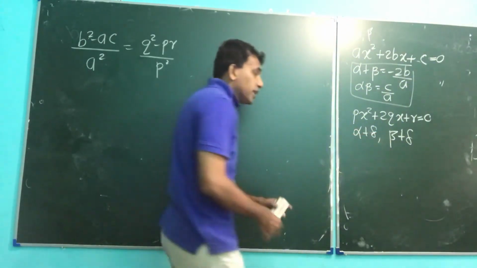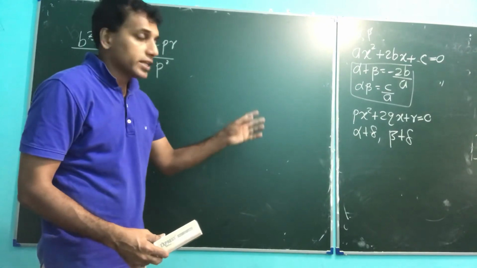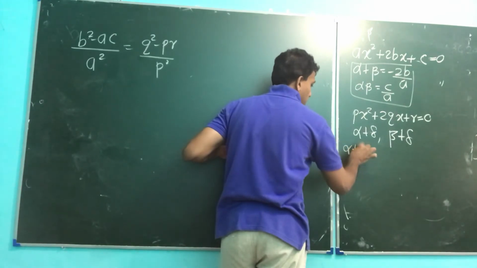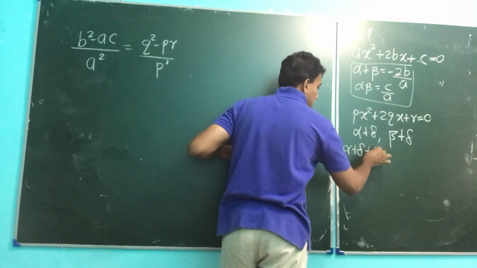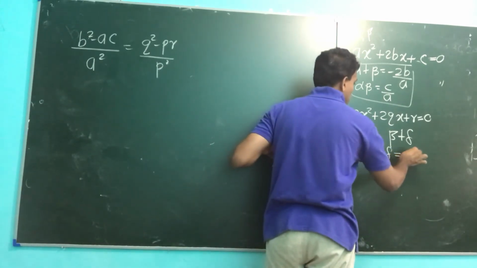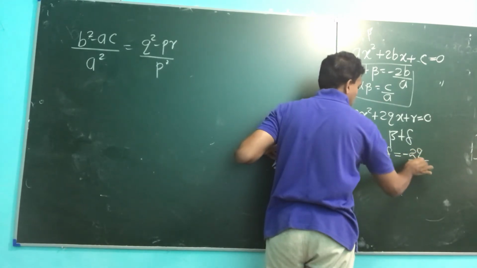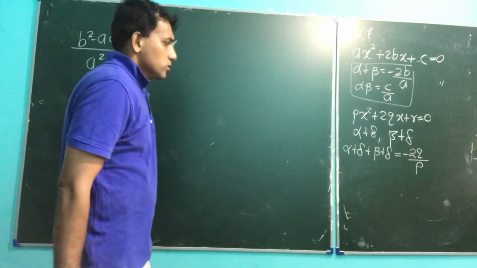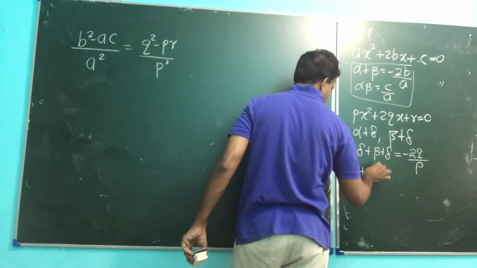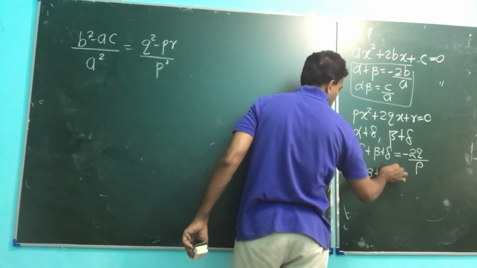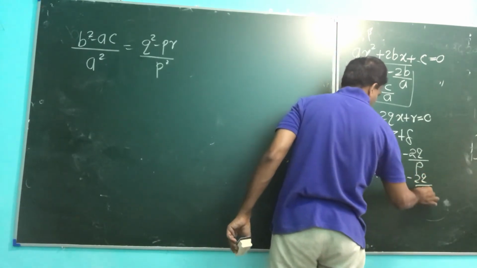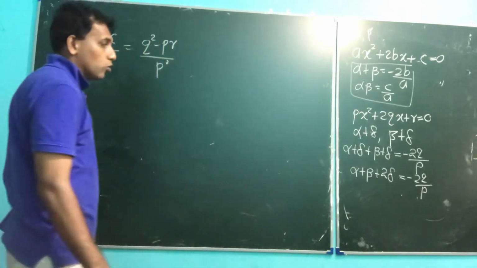Here the two roots are alpha plus delta and beta plus delta. Therefore the summation is alpha plus delta plus beta plus delta, the answer is minus 2q over p. Alpha plus beta separately plus 2 delta.